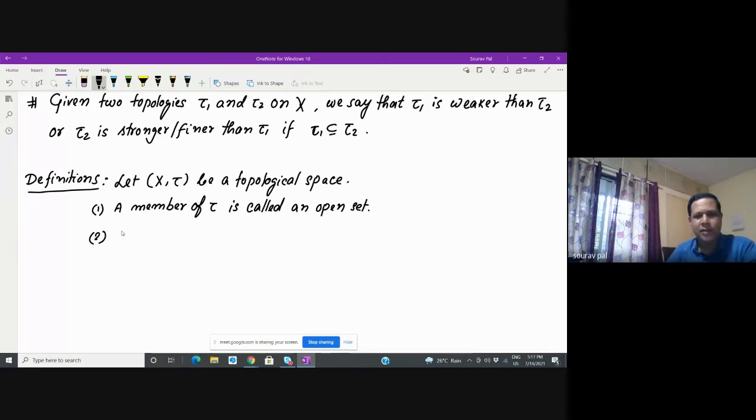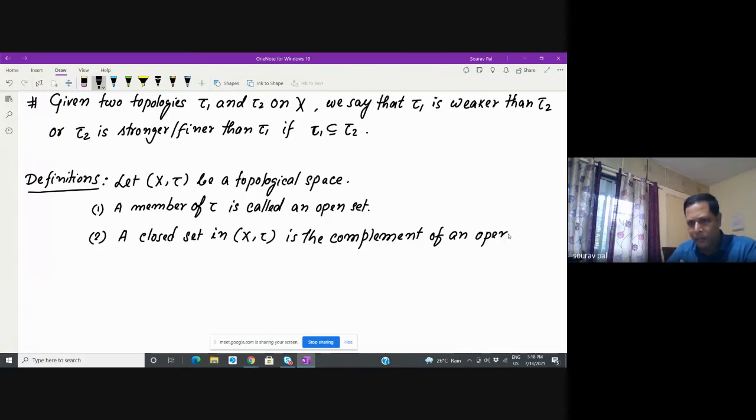A closed set is the complement of an open set. A closed set in (X, tau) is the complement of an open set.